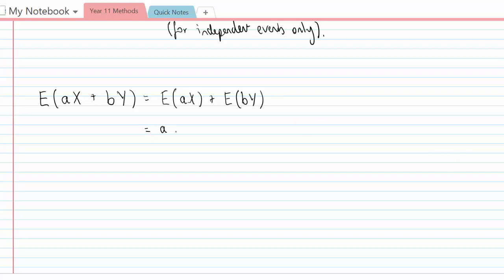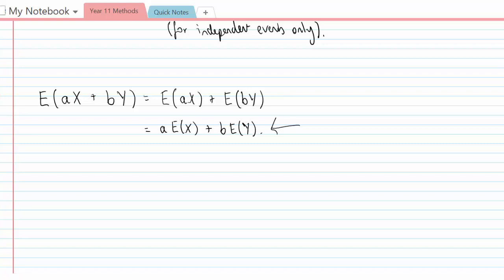We can just make this a times E of x and b times E of y. So this here is what we really want to be able to use.